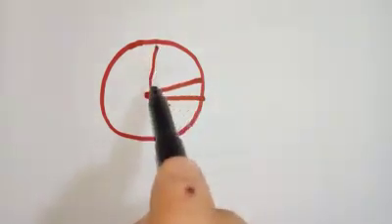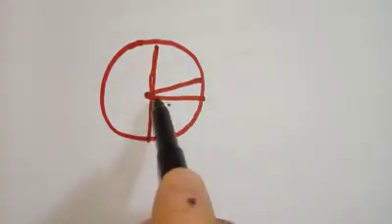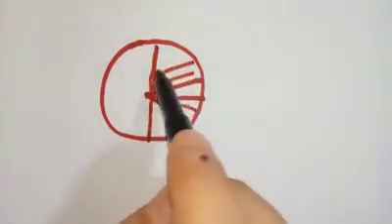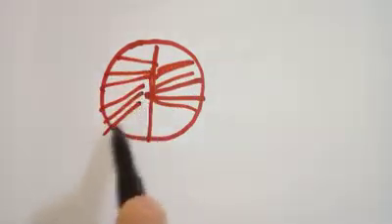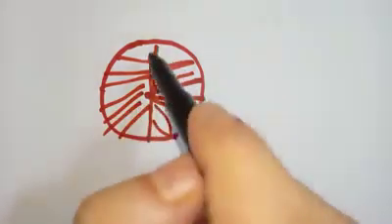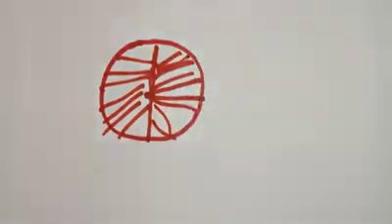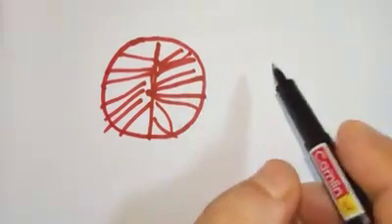So first we draw a straight line and then we try to divide this as small as we can. So we continue dividing these into infinitesimal parts. We go on dividing and dividing until this becomes a rectangle.